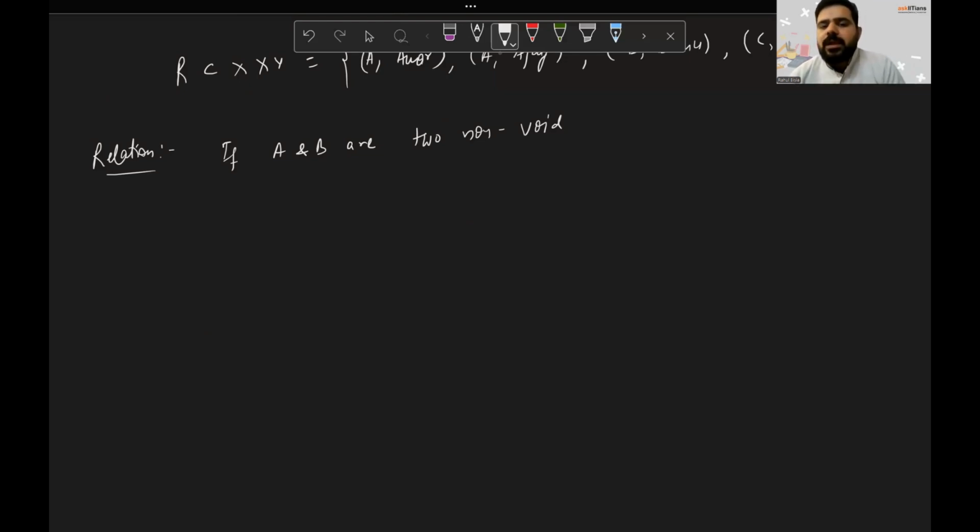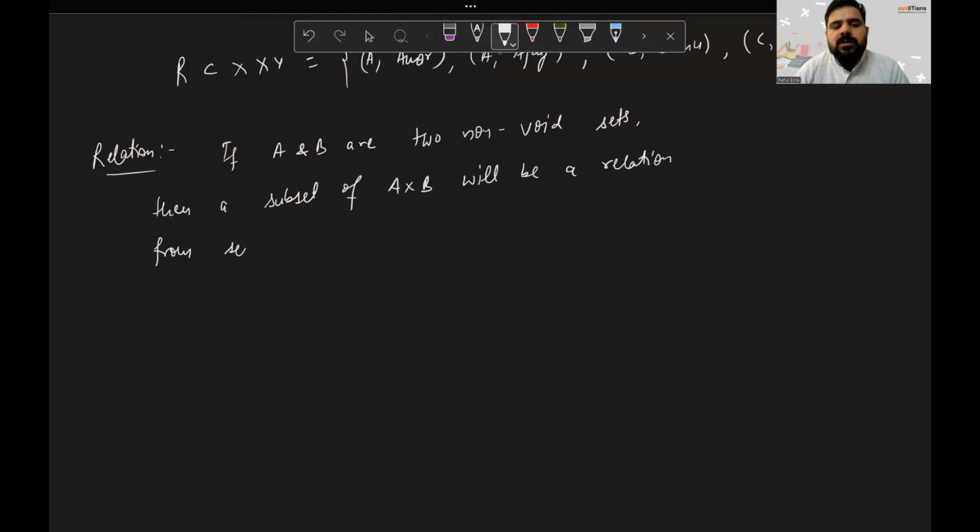So if A and B are two non-void sets, then a subset of A cross B will be a relation from set A to set B.